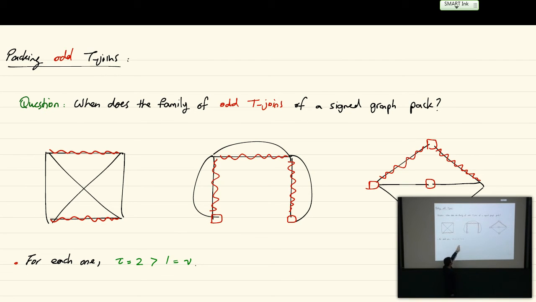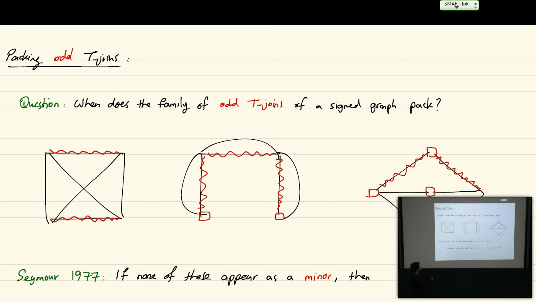For each one of them, tau, the size of a minimum cover, is 2, but you can only pack one T-join. What Seymour proved was that as long as you exclude these 3 figures, you're guaranteed to have equality: the maximum number of disjoint odd T-joins is the minimum size of a cover.